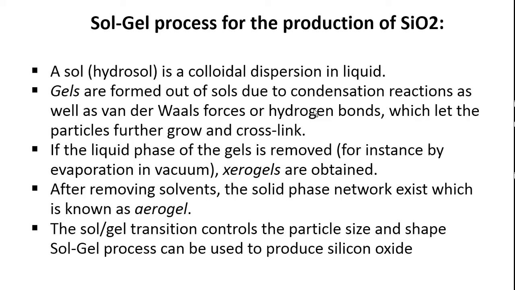I have given a small schematic diagram using different kinds of sol-gels which form gels and aerogels, and finally the different processes involved in that. So you have to write down those processes separately, and after that write down the different steps involved in the production of SiO2 using sol-gel. That has been discussed in your notebook in an elaborated way. You have to refer to that.